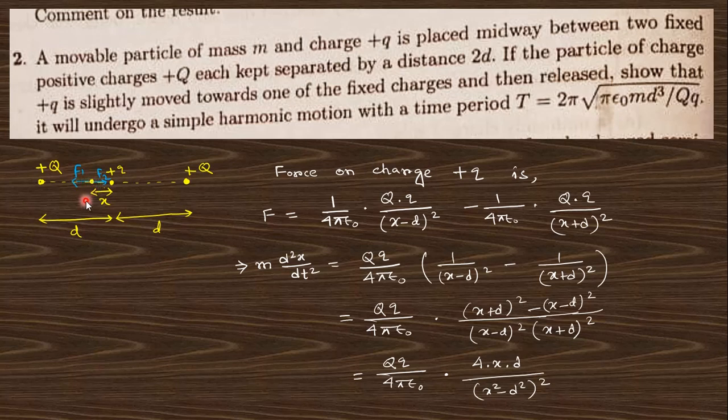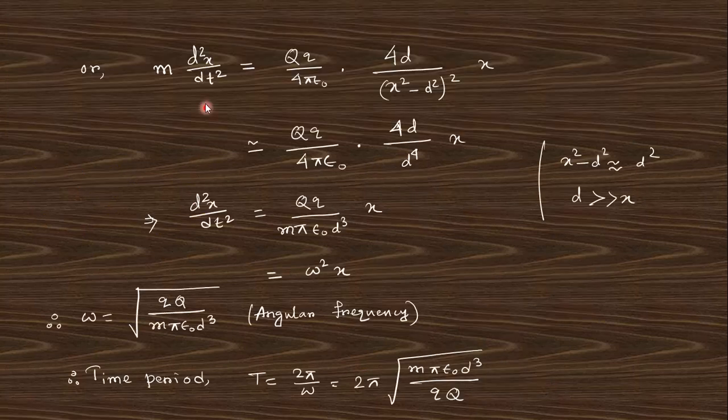What happens? It will oscillate, right? At this point the resultant force will be the force due to this charge like that, and the force due to the other charge like that. If you calculate, you can easily find this expression.